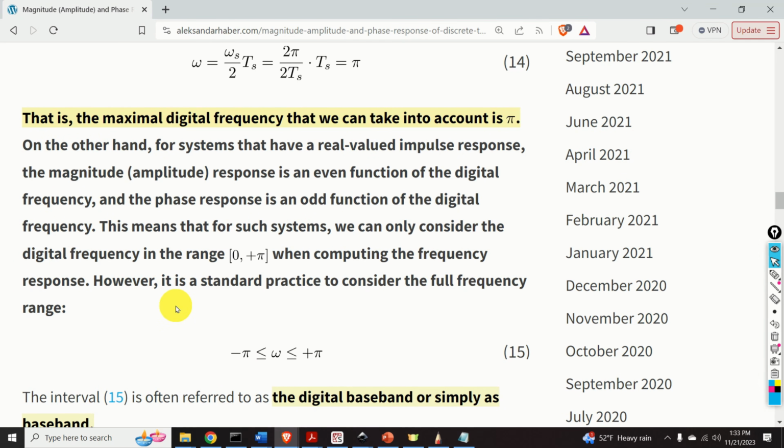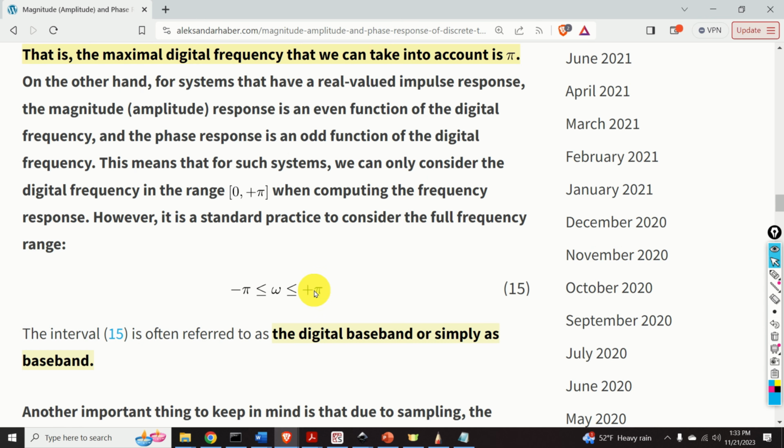Here's another important thing that should be kept in mind when analyzing discrete time systems and their frequency response. For systems that have a real valued impulse response, the magnitude or amplitude response is an even function of the digital frequency, and the phase response is an odd function of the digital frequency. This means that for such systems, we can only consider the digital frequency in the range from 0 to plus pi when computing the frequency response. However, it's a standard practice to consider the full frequency range from minus pi until plus pi.